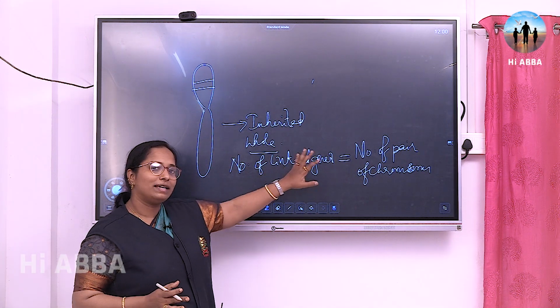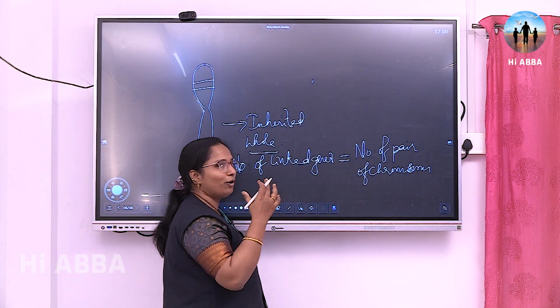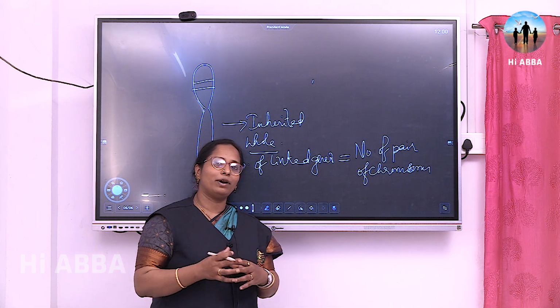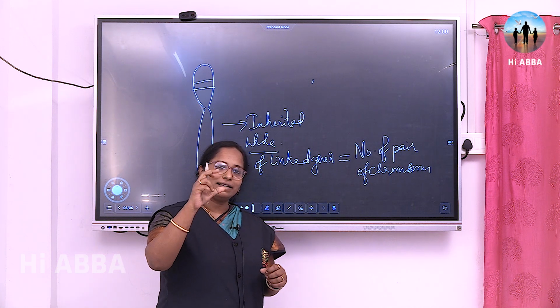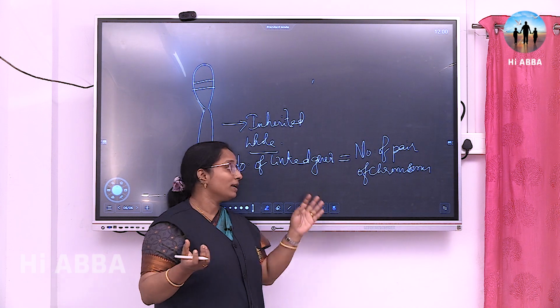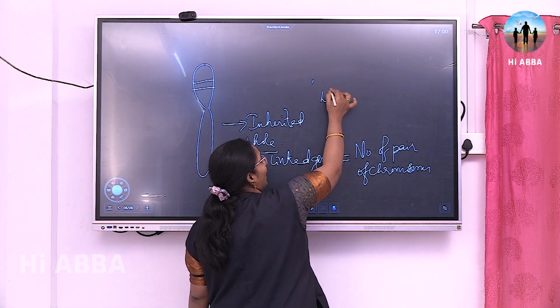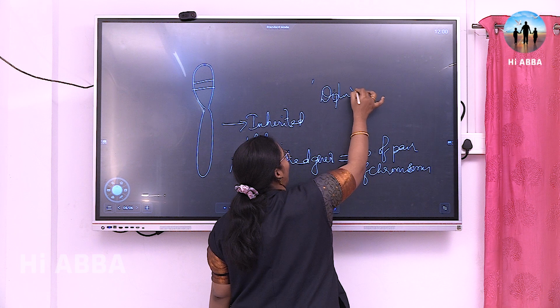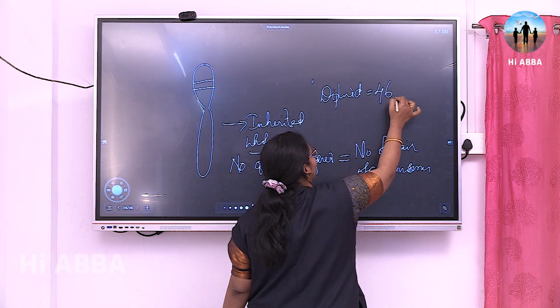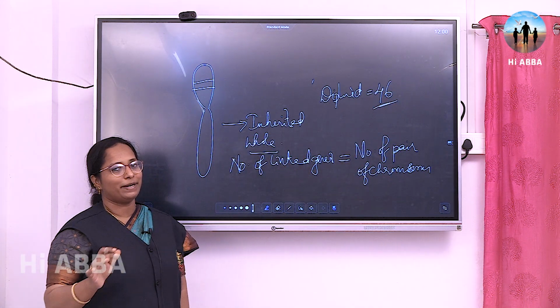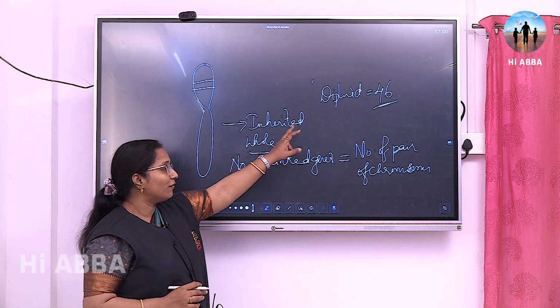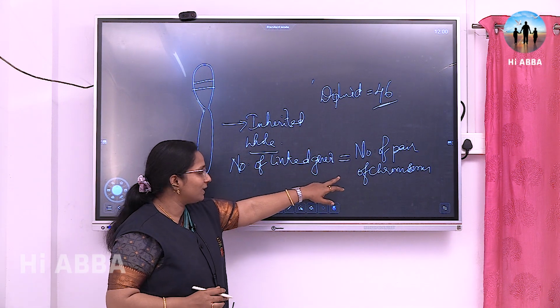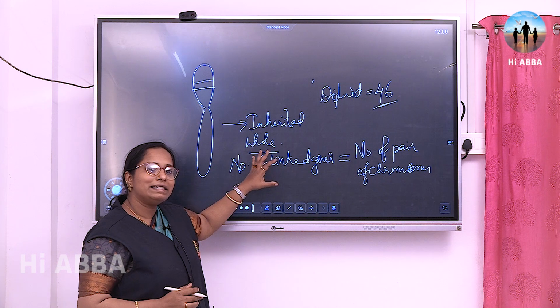For example, human beings are diploid organisms, diploid in the sense 2n, where n denotes haploid. As we are diploid, we have 46 chromosomes. I am not talking about 46 pairs, it is 46 chromosomes. Now if it is 46, see the question, how many linked genes are present?